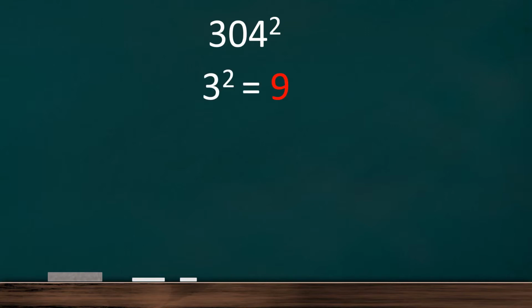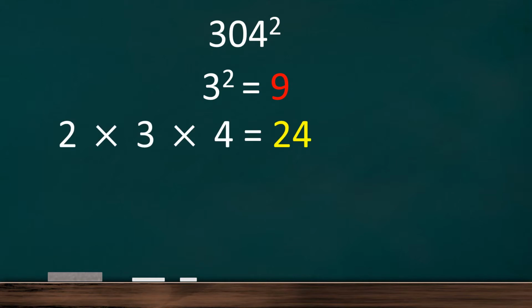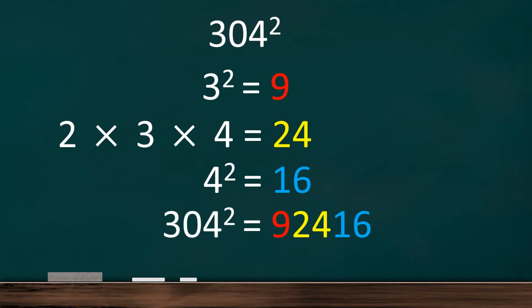To calculate 304 squared. First, 3 squared is 9. Second, 2 times 3 times 4 is 24. Third, 4 squared is 16. So we can immediately say that 304 squared is equal to 92,416.